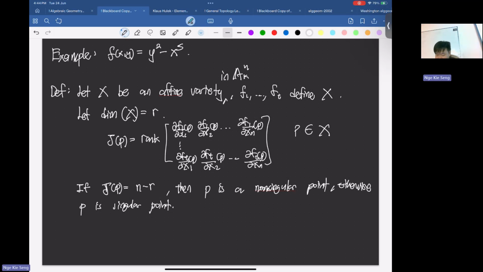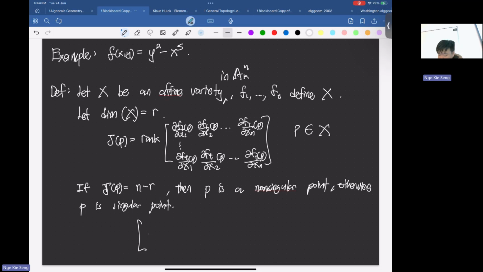Okay, and then from this example, if we consider the zero set of y squared minus x to the power 5, then this variety is defined by this polynomial. If we calculate the Jacobian matrix, there are two variables.